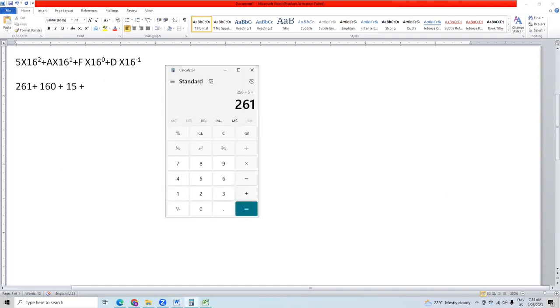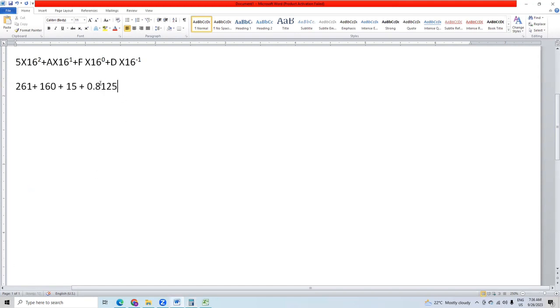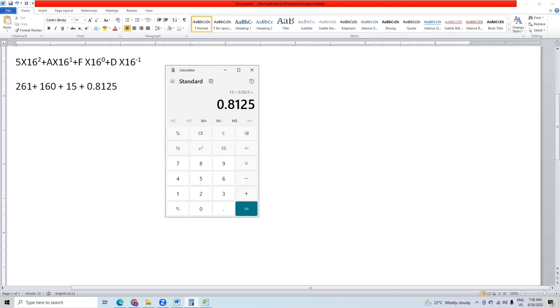So 13 multiplied by 16 raised to minus 1, which is 0.0625. Answer is 0.8125. Right.